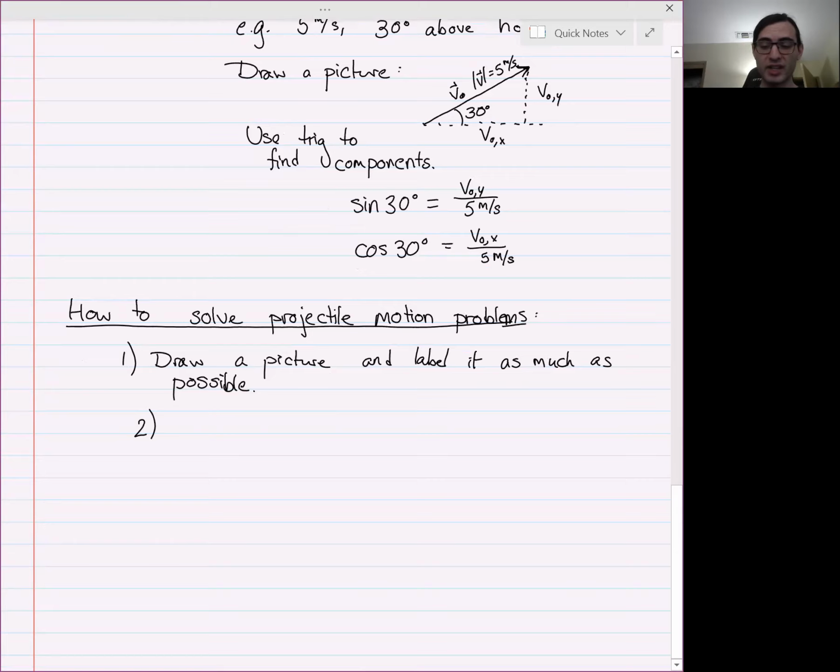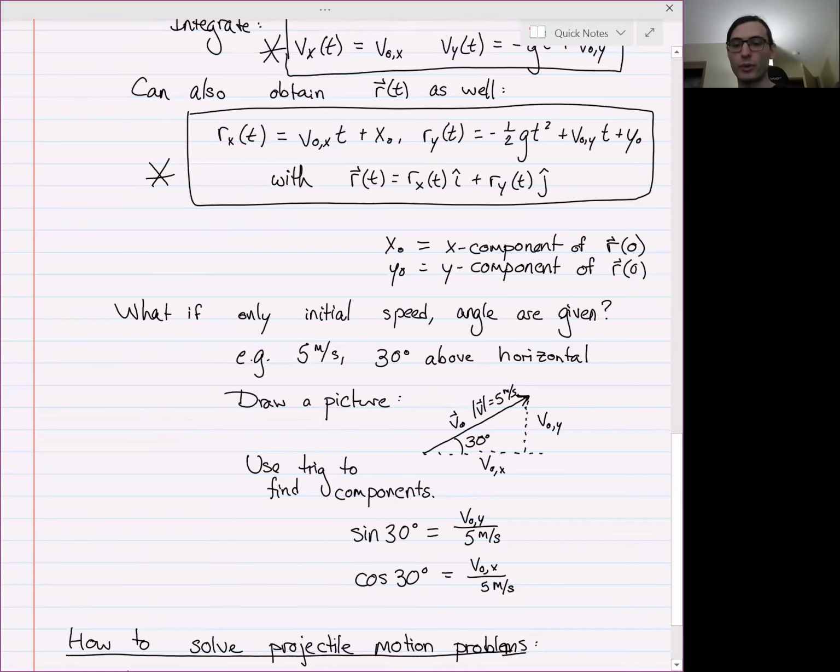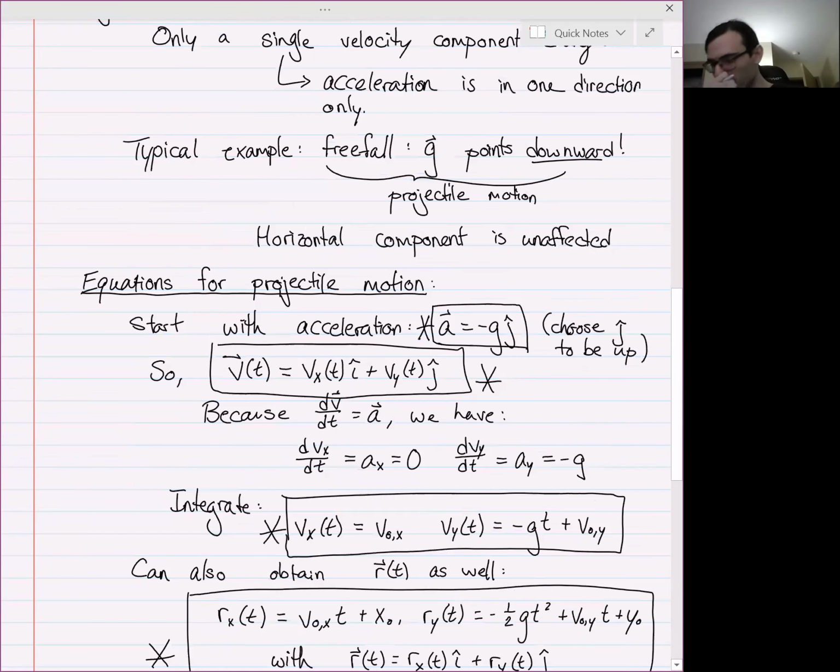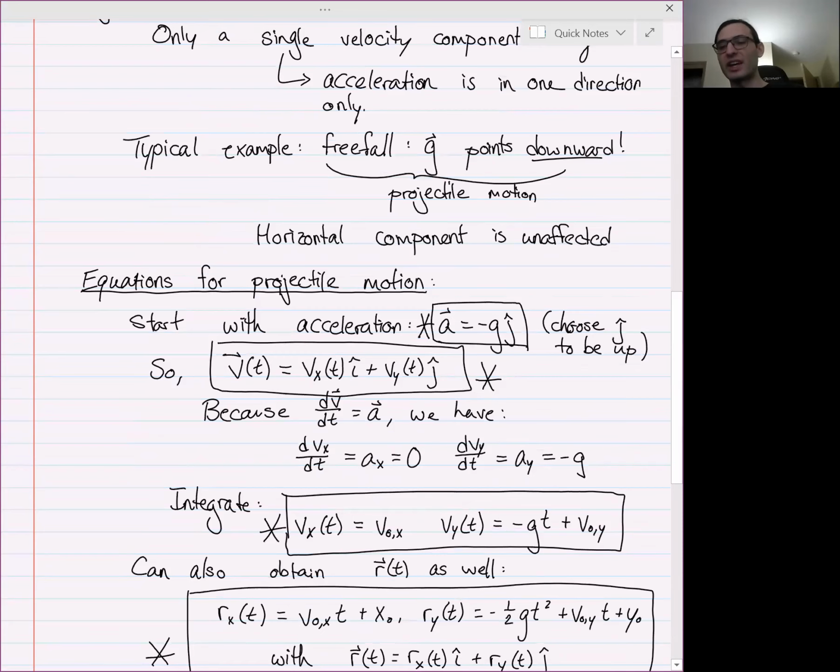So the second step is pick an XY origin, and pick a plus x and a plus y direction. Implicit when we were talking about projectile motion, a pretty standard choice is you just choose the plus y direction, the j hat direction, to be up in whatever sense up means.